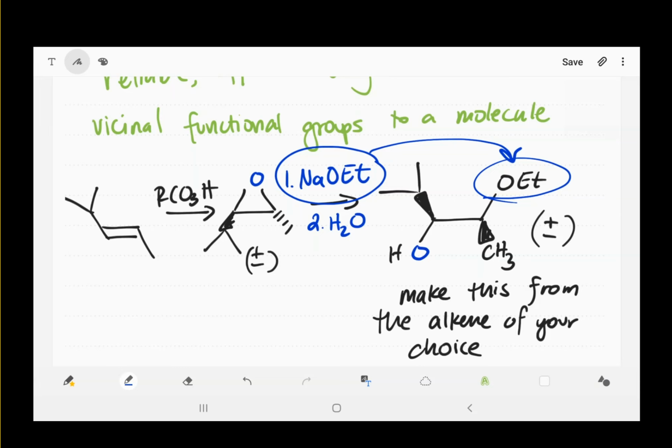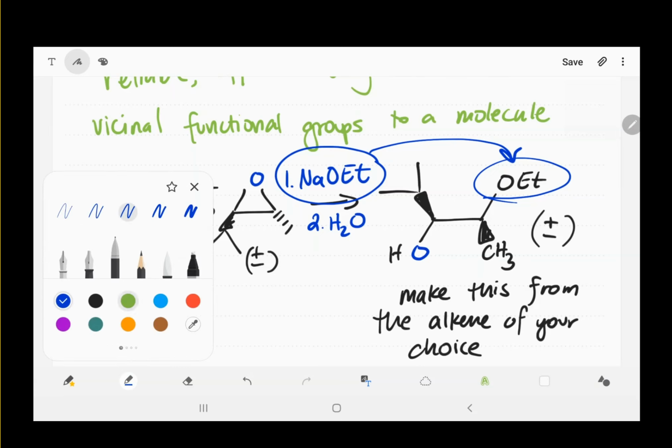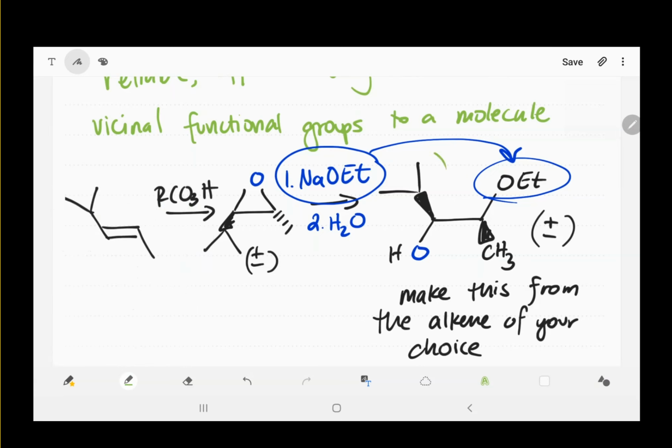So just remember that if we see that these two are trans to each other, right? And so it's nice to say, okay, well, we've got these two trans to each other, but we have to remember that because this is SN2, we had an inversion happen.